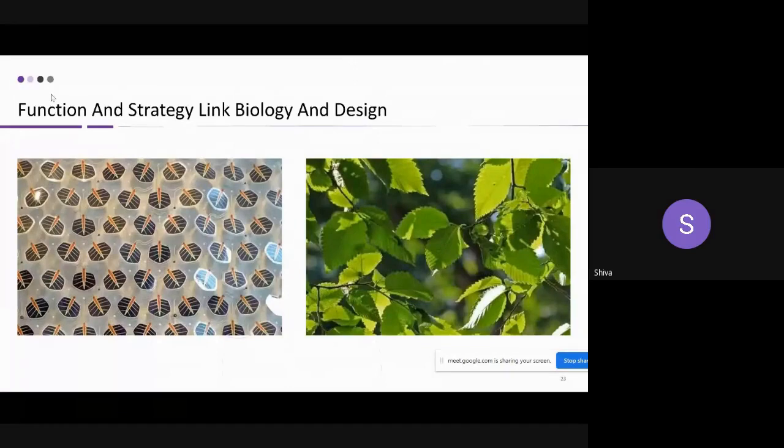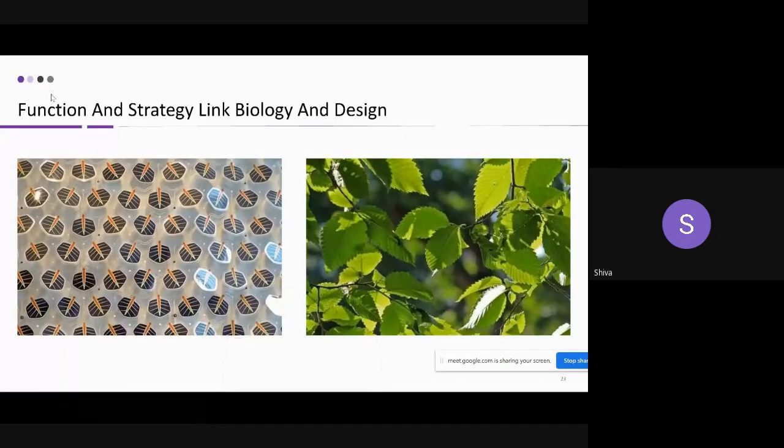I'm not going to get technical here, but I will get technical when I teach the course. Right now, look at the leaf on the right side. The leaf is designed by nature. Its function is to capture energy, and it has a strategy by which it captures the energy.